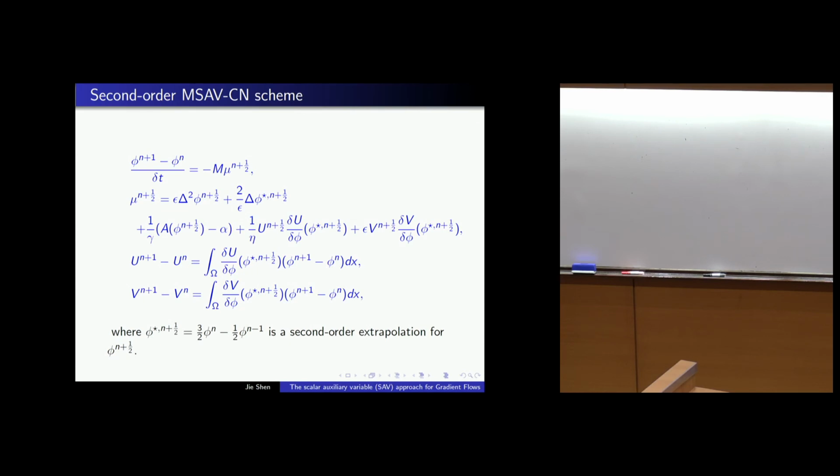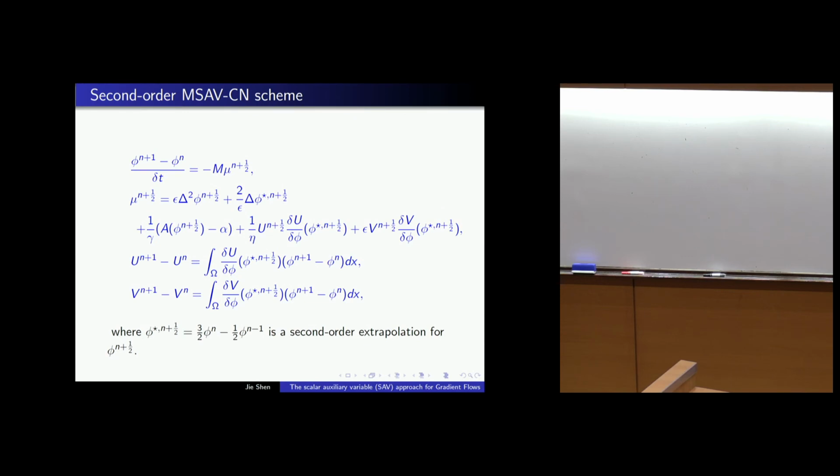So you do this with the extrapolation. Why do I do this with the extrapolation? Even though this is a linear term, it is a linear term with a bad sign. It's no good to deal with it implicitly. With a bad sign, you better do it explicitly.